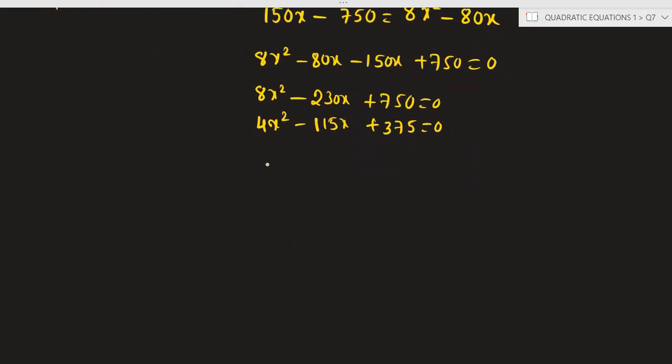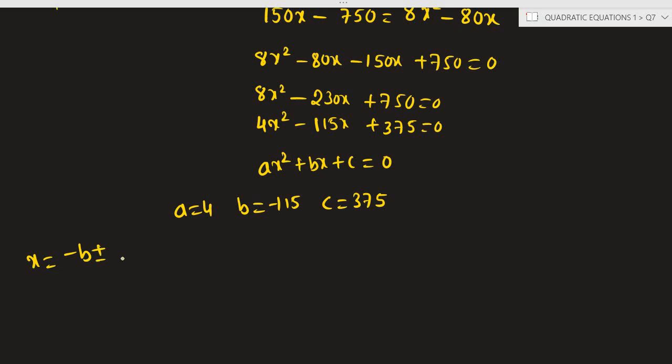Compare this equation with ax square plus bx plus c is equal to 0. A is equal to 4, b is equal to minus 115, c is equal to 375. We know the formula x is equal to minus b plus or minus root b square minus 4ac divided by 2a.